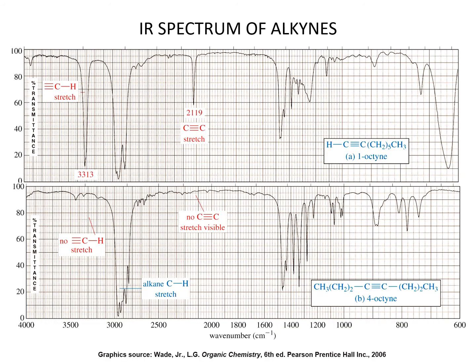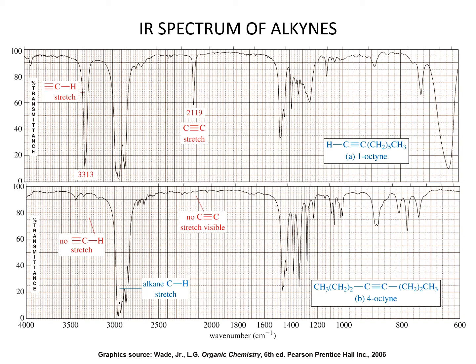All right, here we've got two different slides for you, two different IR readouts. The top one is 1-octyne, and the bottom one is 4-octyne. So 1-octyne is a terminal alkyne, while 4-octyne is an internal symmetrical alkyne.